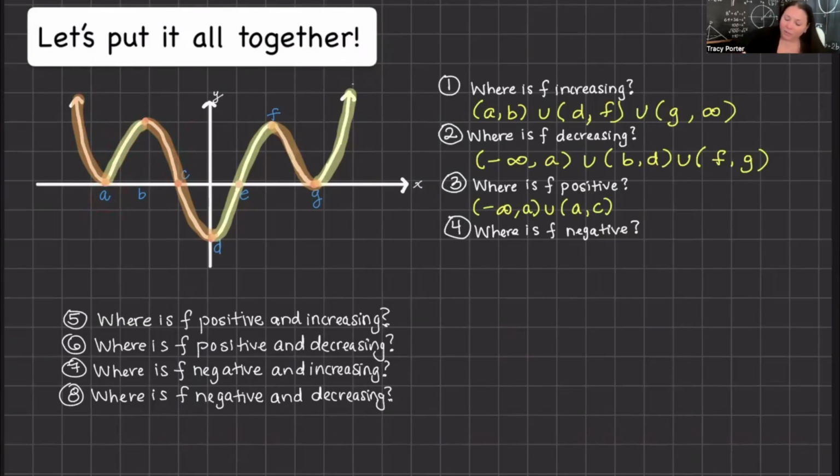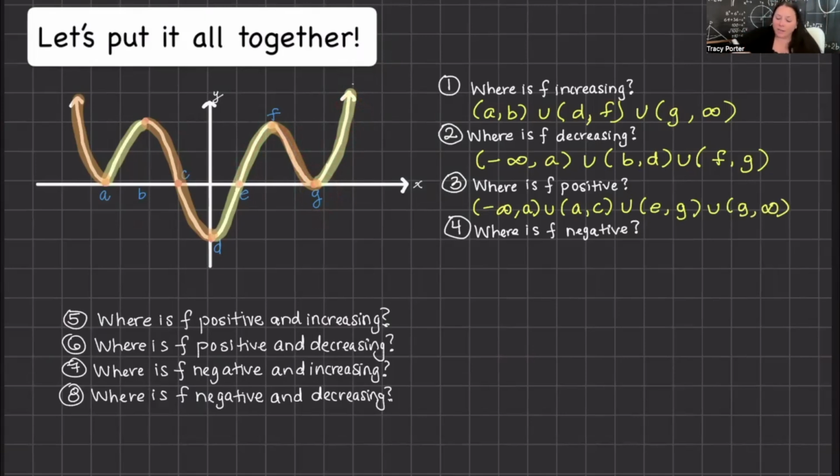And then we go over to this piece, and the story is very similar. We're going to say it's positive essentially from E to infinity, but we have to remove the G. So we'll say from E to G and from G to infinity.